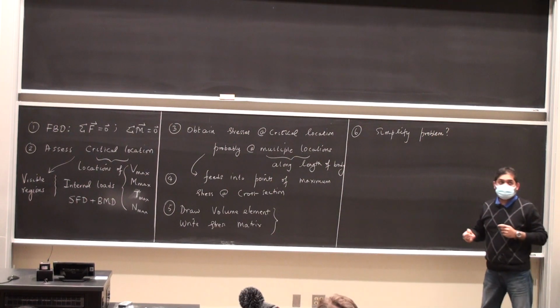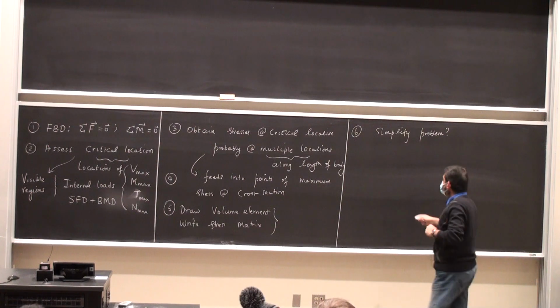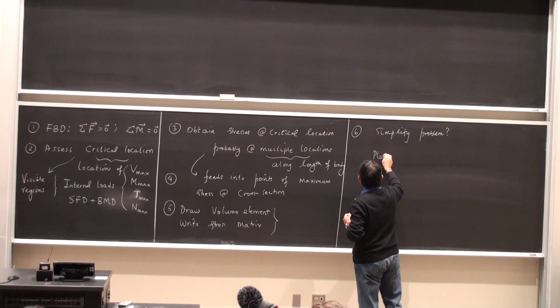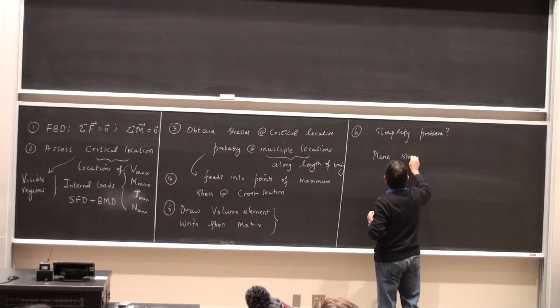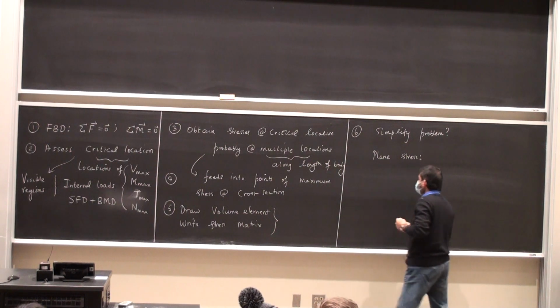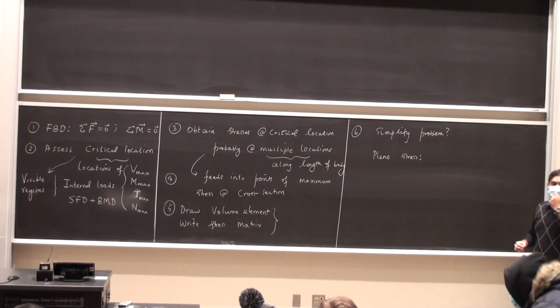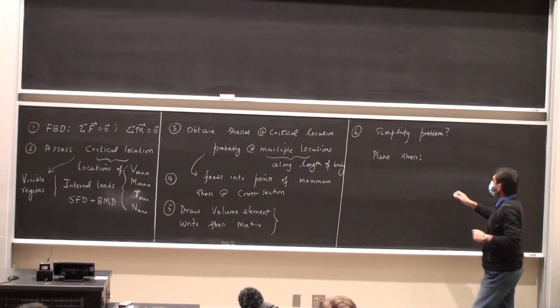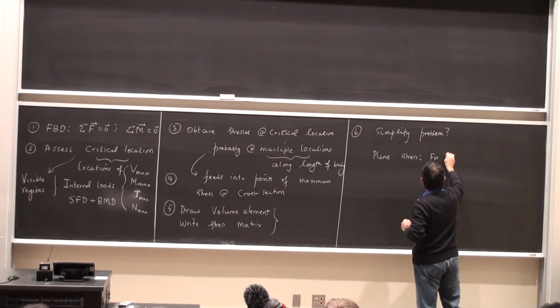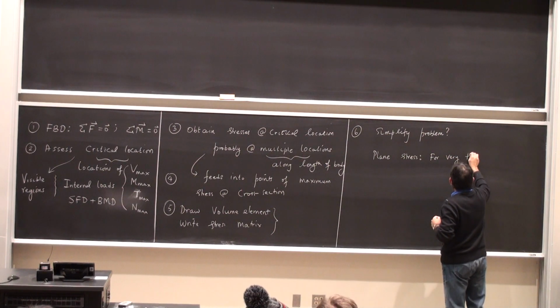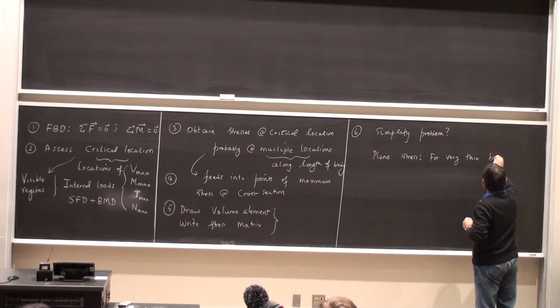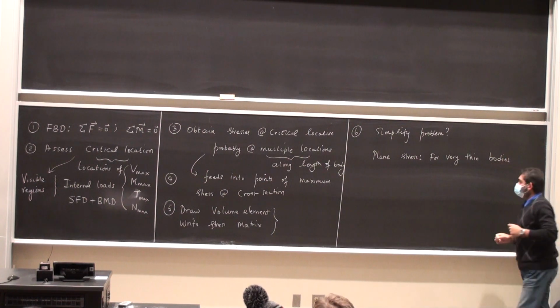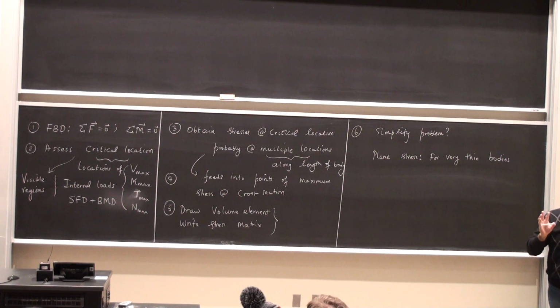Right, so if you have a plane stress condition, this is mostly applicable for bodies that are very thin. You can ignore the stress components out of the plane of the body.